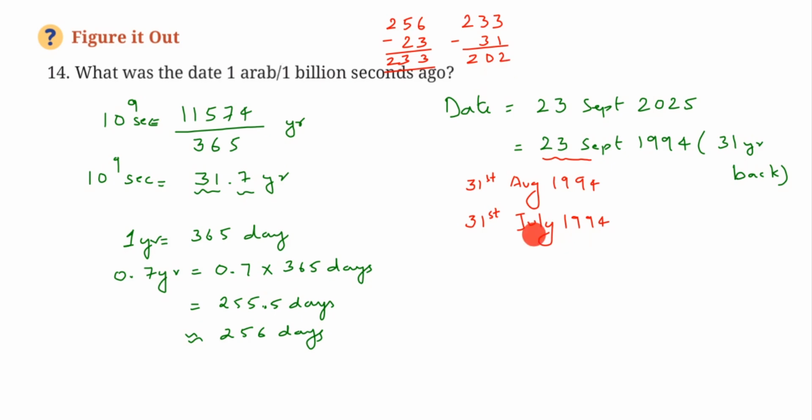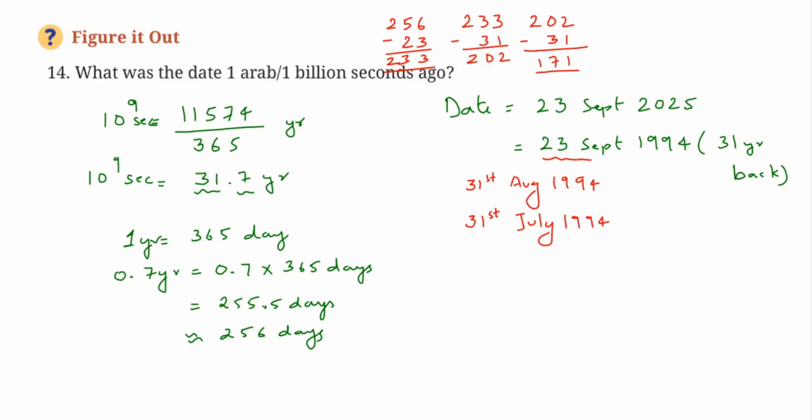Now in July, there are 31 days, right? So let's subtract 31 from 202. 202 minus 31: 2 minus 1 is 1. 20 minus 3, I'm not borrowing, I'm directly doing it, is 17. I get 171. So this many days are still left.